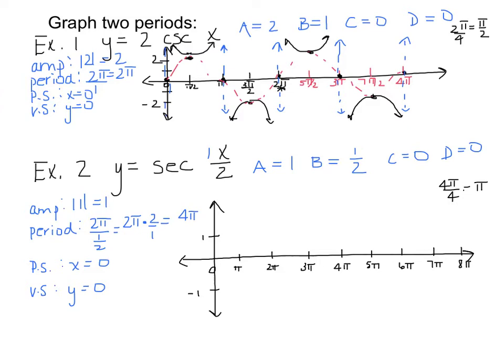And then this is cosine. So remember, cosine starts at your highest or your max, then 0, then your min, then 0, then back at your max, then 0, then min, then 0, then back at your max. Remember, everywhere it hit the x-axis, it becomes undefined for secant.